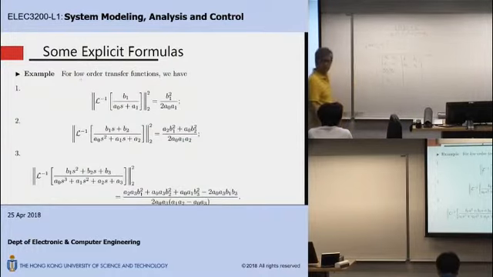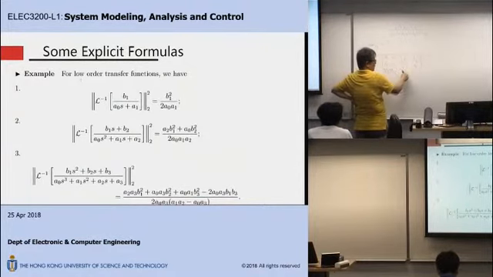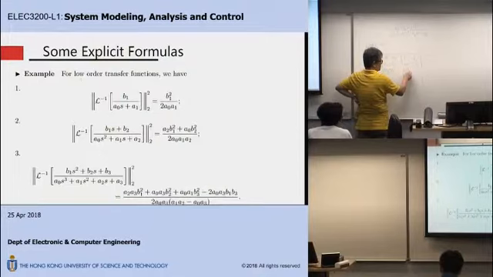Move this over. Then from these 2 rows, you compute the next one: A1 B3 minus B1 A3, divided by A1.